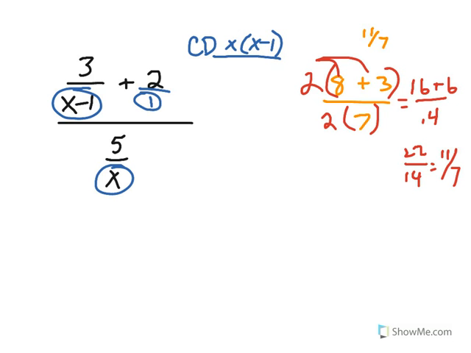What I'm going to do now, and it's going to look messy at first, but then it's going to get really nice in a hurry, is I'm going to multiply everything by that common denominator. Now, that sounds weird because we don't know what that number is, but we can handle it algebraically. Here we just picked and multiplied everything by 2, because that's an easy number. Over here we're going to multiply everything by the common denominator and see what happens. So I'm going to multiply this fraction by x times x minus 1.